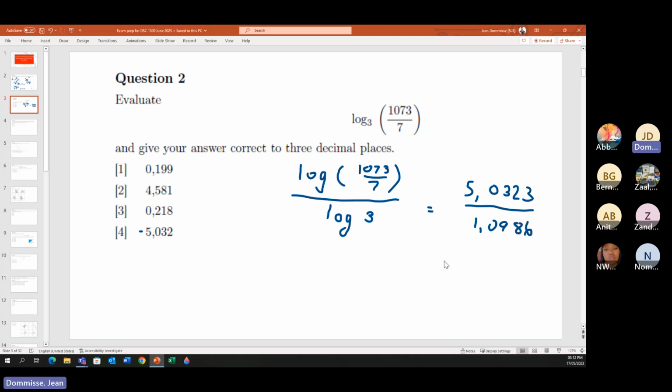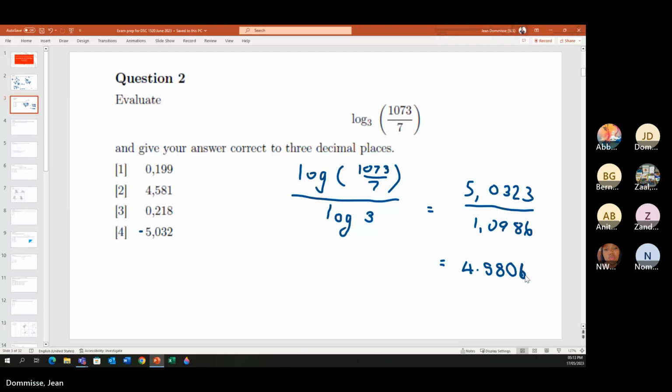And if I divide the two with one another, you get 4,5806. Okay, which is, so if I round that then off to what they're asking us for 3 decimals, it will be 581, which is option 2.